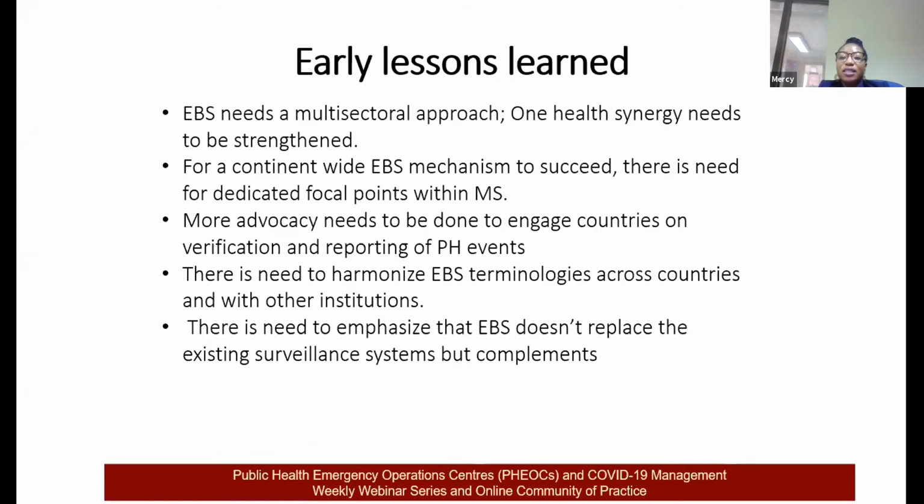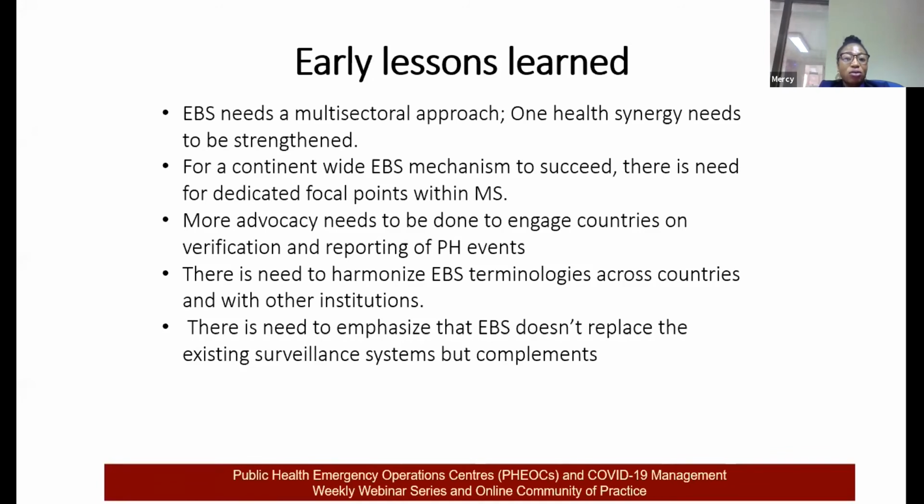There is need to emphasize that event-based surveillance does not replace the existing surveillance systems, but complements them. I'm happy that the IDSR has actually highlighted EBS as a key component towards enhancing early warning and response. And the third edition actually has a component of EBS that is being preached across the continent.